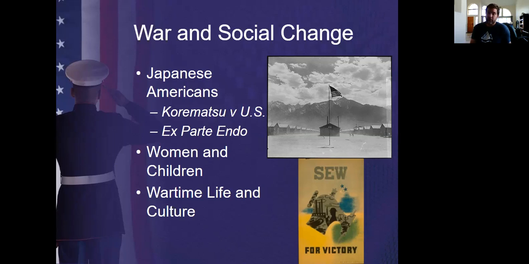So the movie industry does incredibly well. Magazines, radio programs. And one of the things you also get is this kind of romanticization of American culture. As men are off fighting in Europe, they increasingly have a romanticized view of what the United States was. And suddenly when they come home, their ideas of it don't necessarily match with the reality.